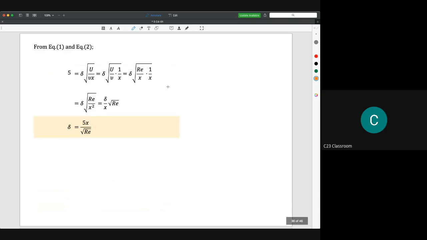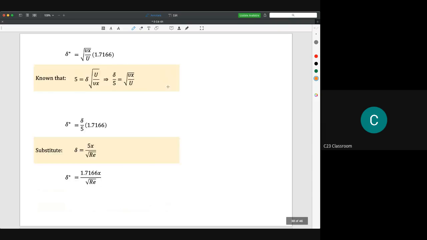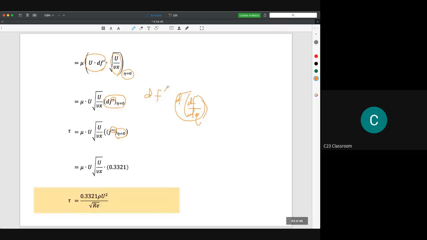So then we substitute the value of 0.3321, and we get the tau for the Blasius condition.